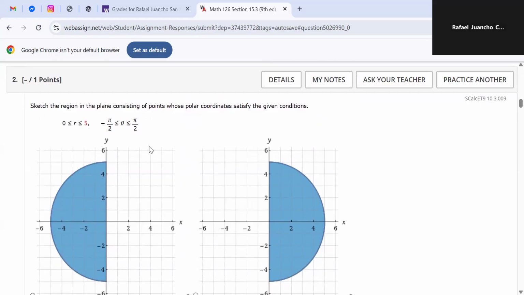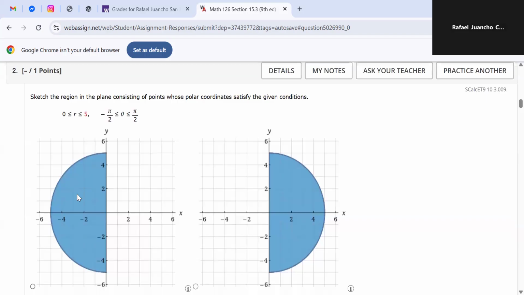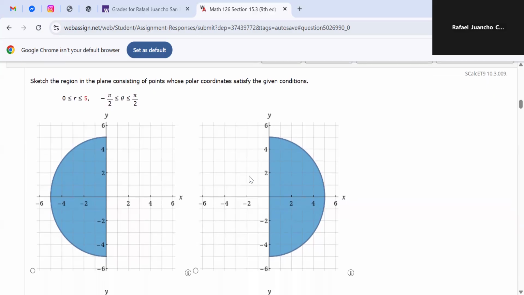It says that my theta is from negative pi half to pi half. So negative pi half is actually here. Oh, that's tricky because of the rotation. But notice here, it starts from the negative.